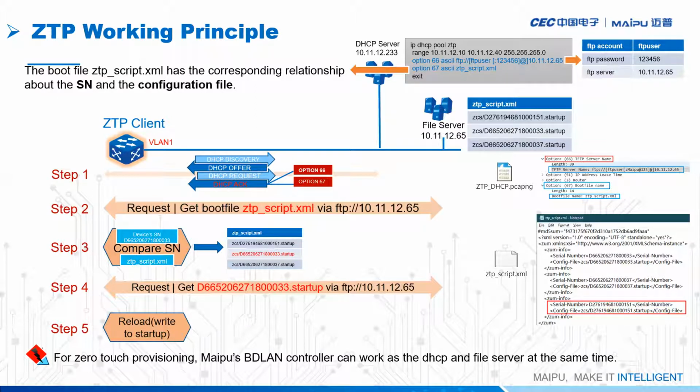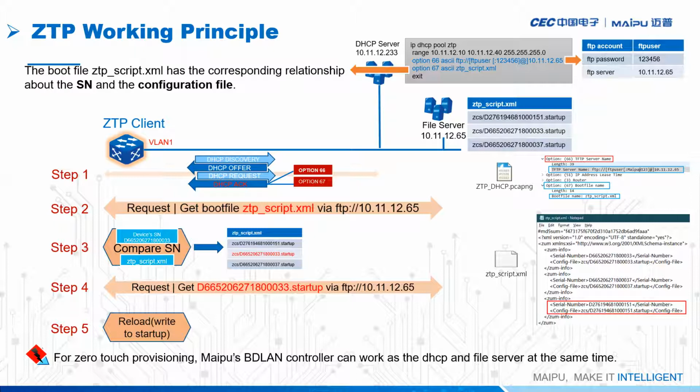Actually, the achievement of ZTP needs to rely on DHCP, and there are two options used for ZTP: option 66 and option 67.